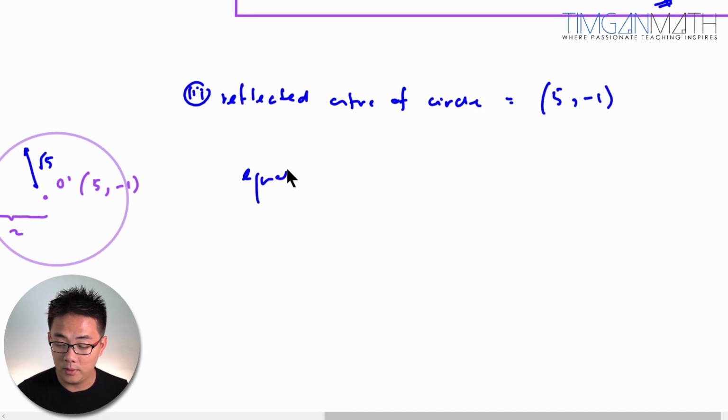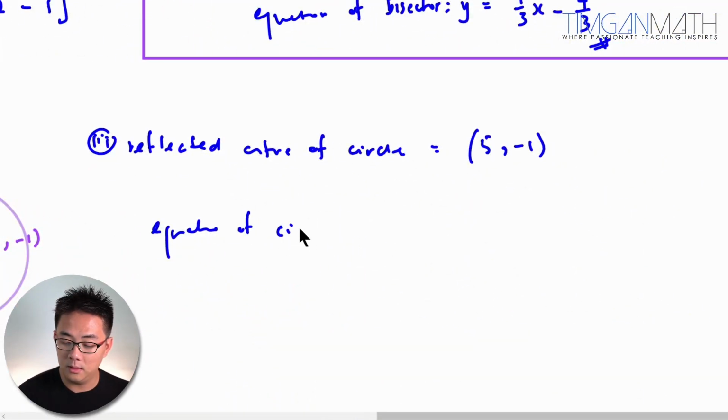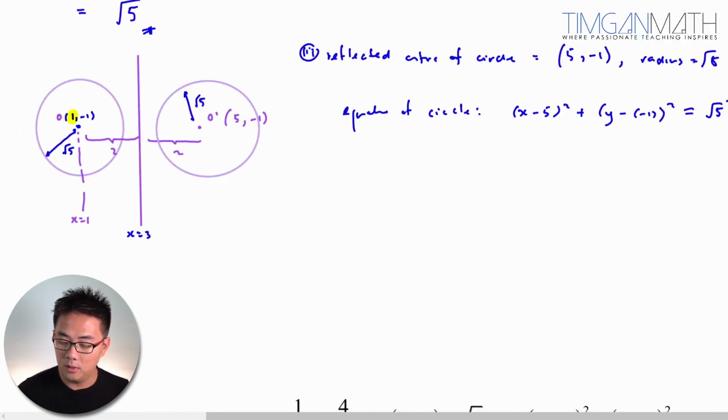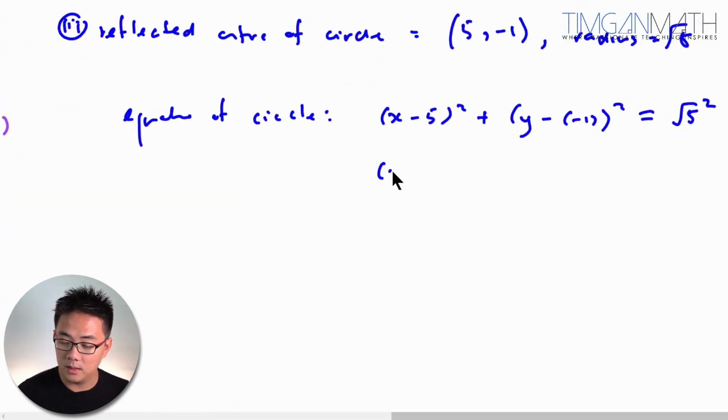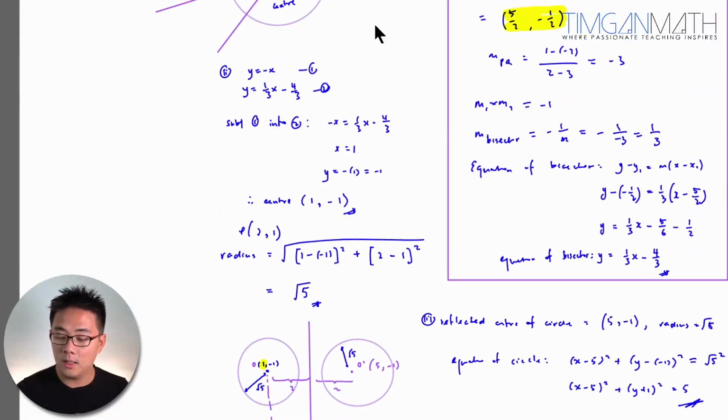The equation of the other circle is (x minus 5) squared plus (y minus (-1)) squared equals root 5 squared. The radius is the same as the previous one, root 5. So we get (x minus 5) squared plus (y plus 1) squared equals 5. That's how you get the last part. That's how you solve this question.